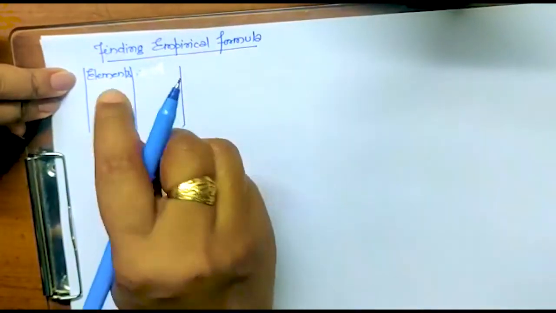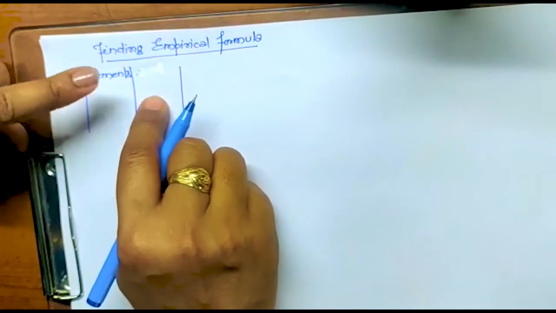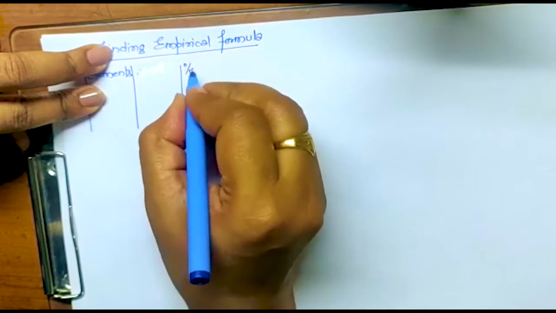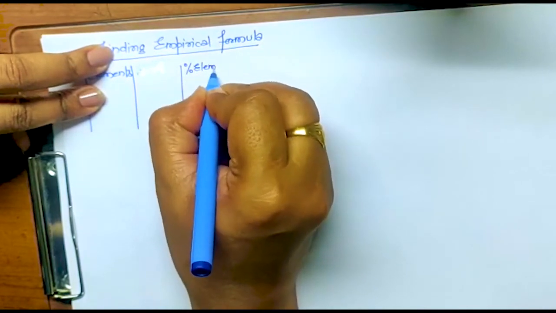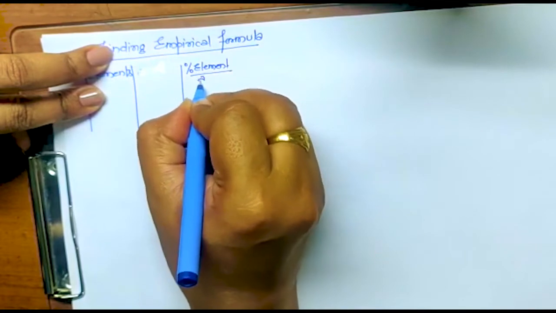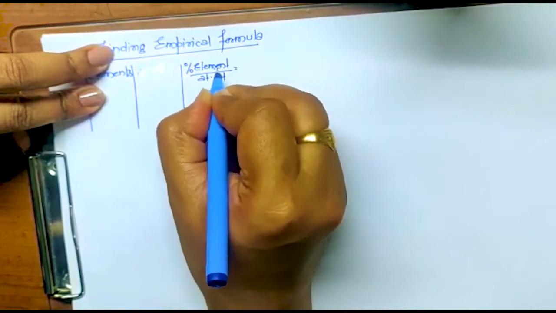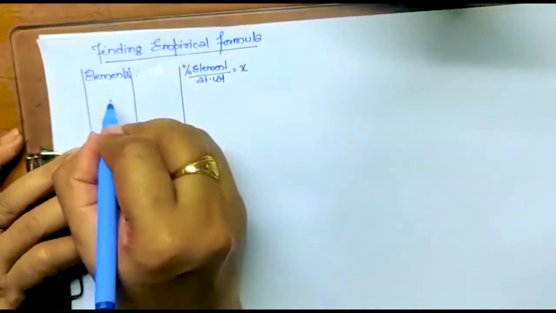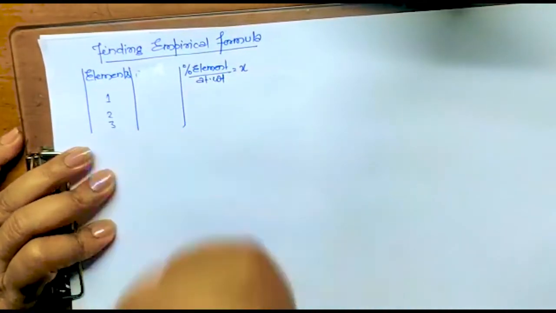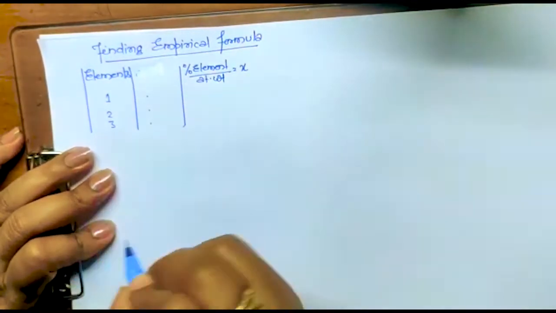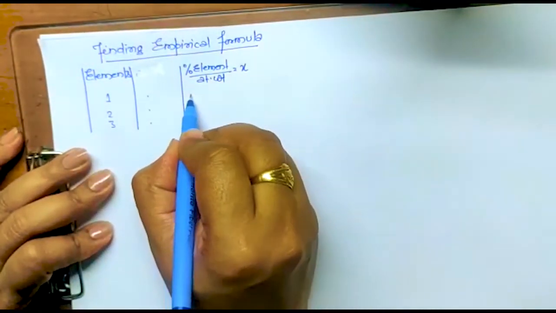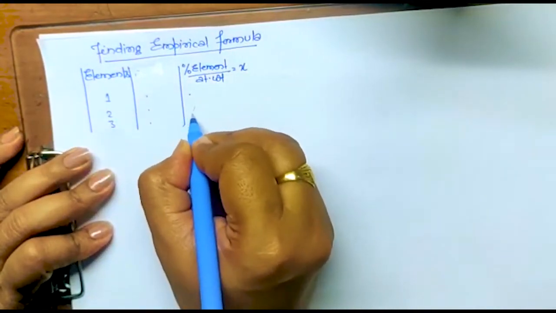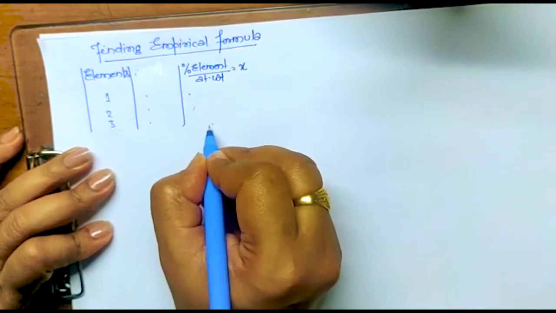So this column is for the percentage of that particular element, and then here we will do percentage of element upon atomic mass. Suppose this division comes to X. Say there is one element, then 2, 3 elements, and they have some percentages. Suppose the atomic mass of this is A, then percentage of A upon its atomic mass, and so on for B and C, isn't it?